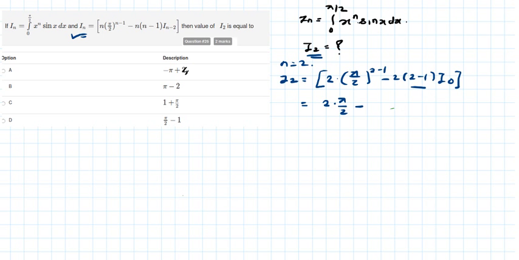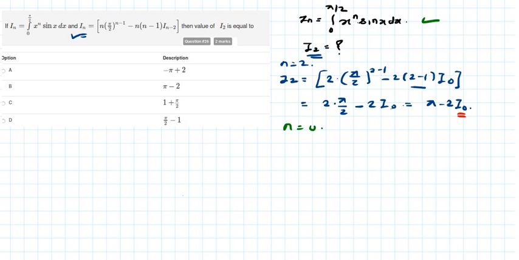So this will be 2 I0, so this will be pi minus 2 times I0. So next thing is we need to calculate this I0, and this I0 will be calculated using this equation. Okay, so in the equation put n equal to 0.